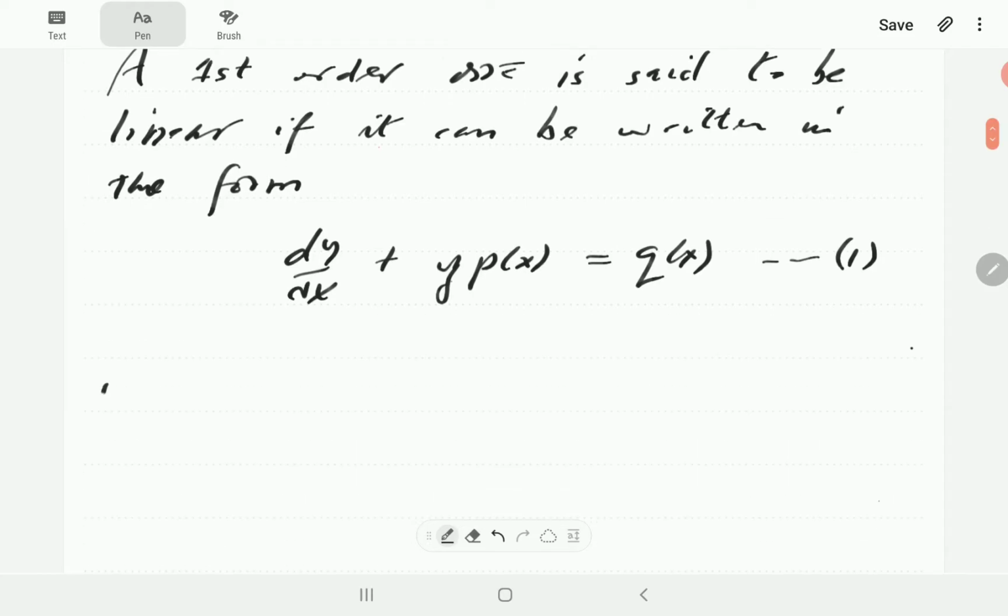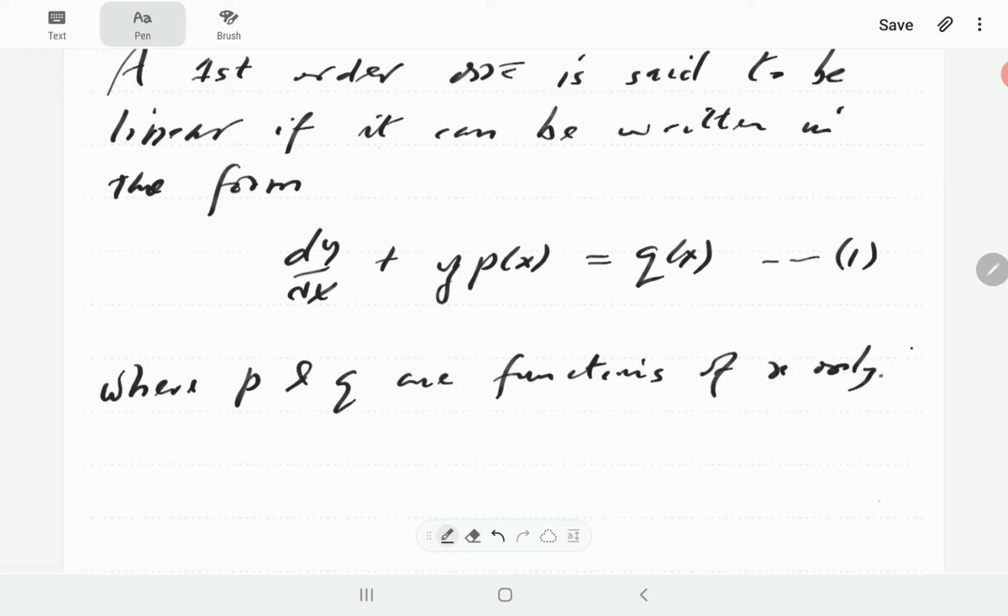So just for emphasis, the functions p and q are functions of x only.